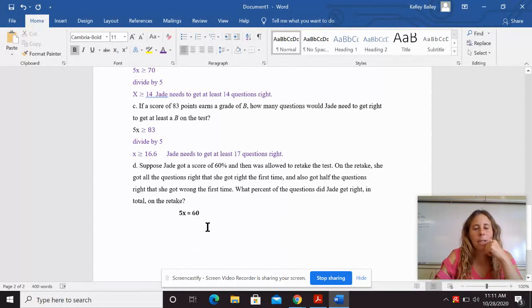Then how many did she get right? You would divide by 5. X equals 60 divided by 5 is 12. So she got 12 questions right the first time.